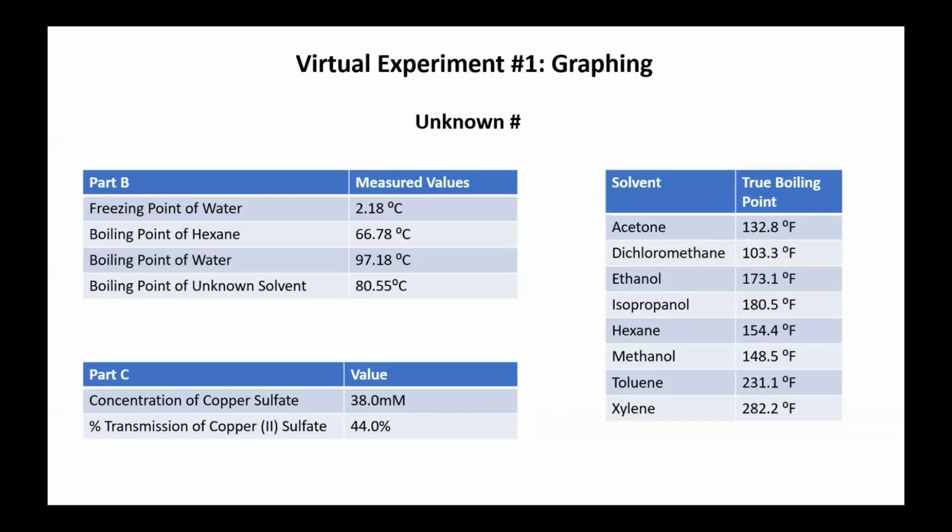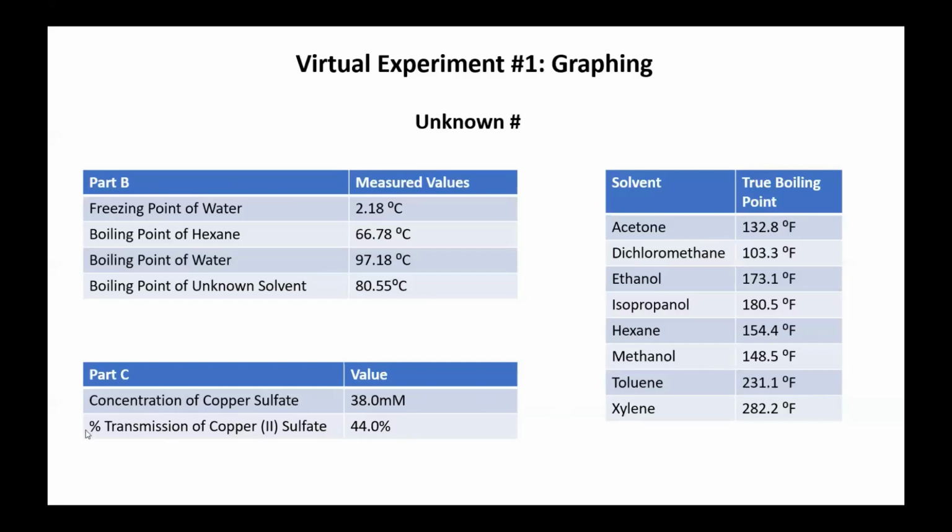And from that, you're going to determine, using your graph and using the equation from your graph, what is the absorbance value if you're given a concentration of 38 millimolar, and then converting that into transmittance.